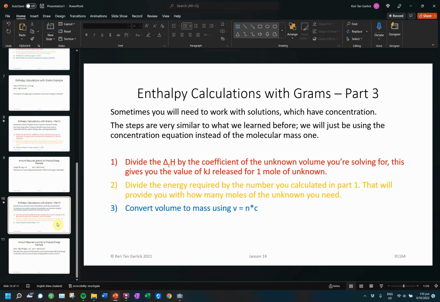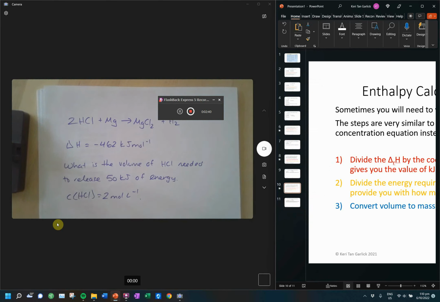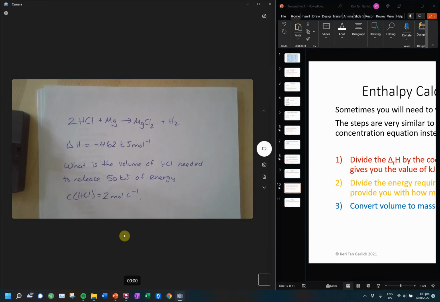So these are our steps for this example with concentration. And again, it could work in multiple different directions. We could be asking questions going from volume to energy, from energy to volume. So it goes in both directions. It's going to be very similar to what you've seen in the last two problems. The only difference is that I'm using the concentration equation instead.